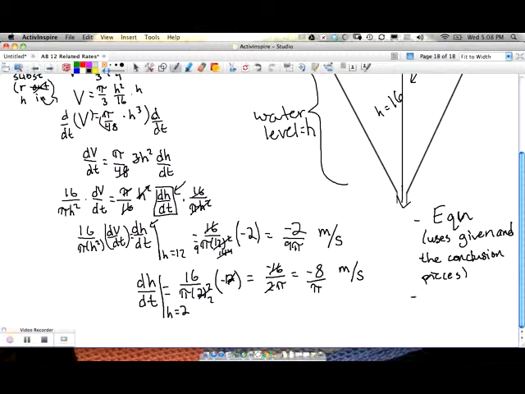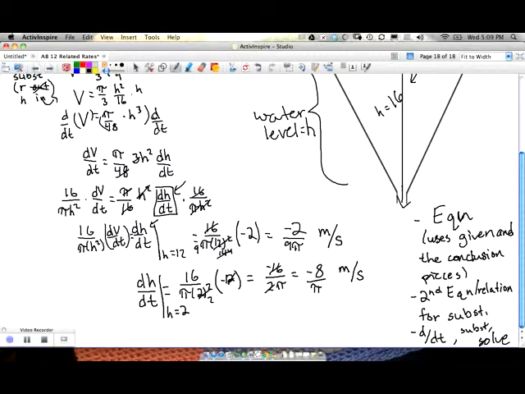And then we need sometimes, especially in this case, possibly a second equation or relationship for substituting. Then we take d dt of everything, substitute values, and then solve.